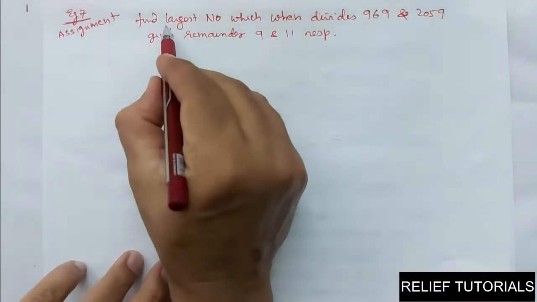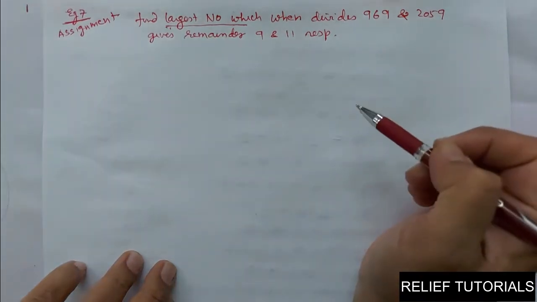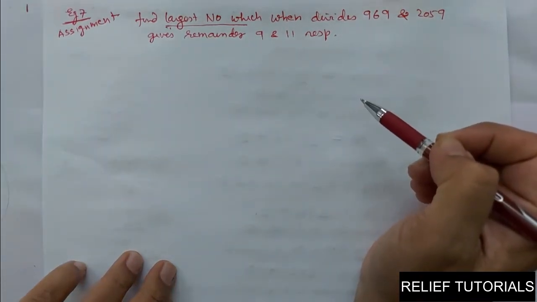So the largest number which divides both given numbers is called HCF.